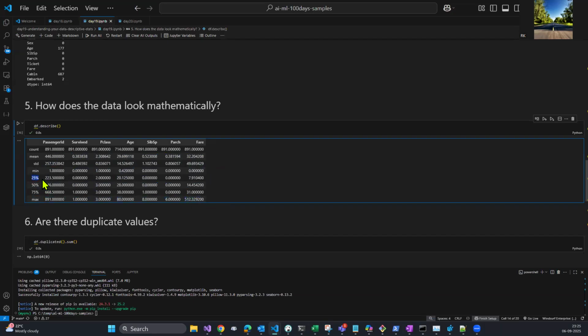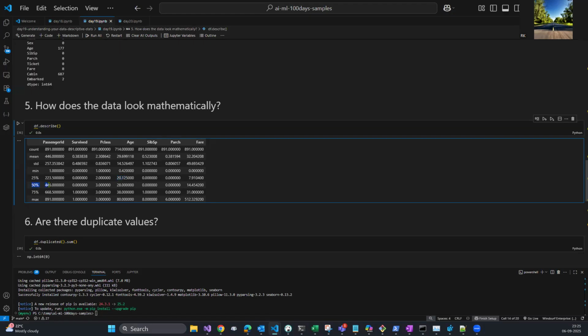And this is the 25 percentile. So the 25 percentile in the case of Age is this much, meaning 25% of people are less than 20.1 years of age.